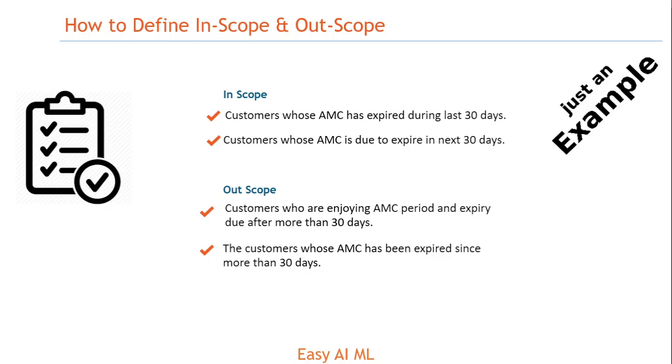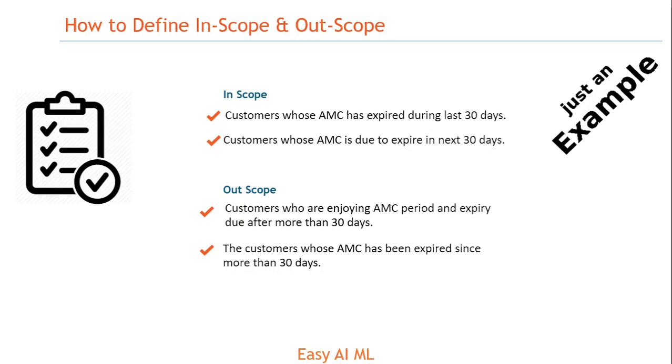Suppose the product is a water purifier, and the water purifier company would like to understand which of my customers have a higher probability to purchase the AMC, and which have a lower, so that they can put some focus on the lower probability customers and improve the purchase of AMC.